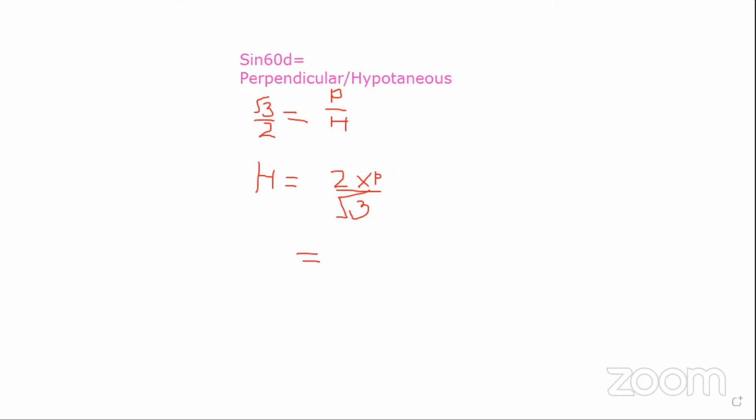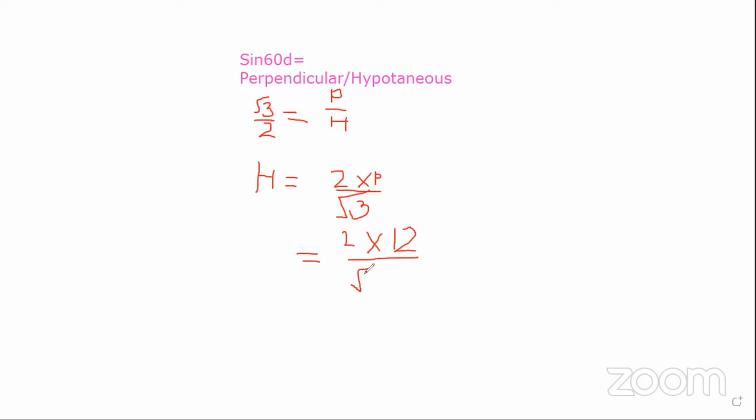P they mentioned 12 feet. So with P as 12, we get 24 divided by root 3.